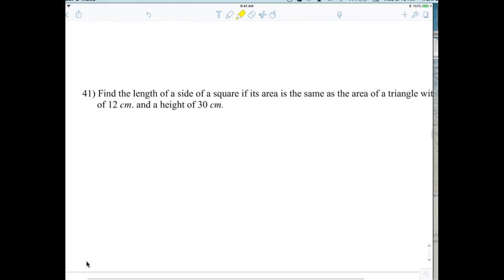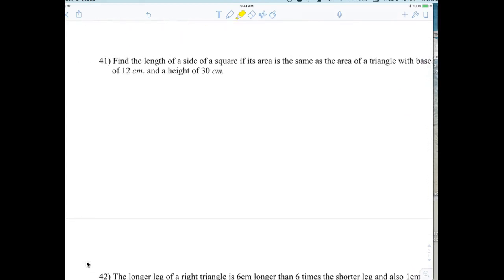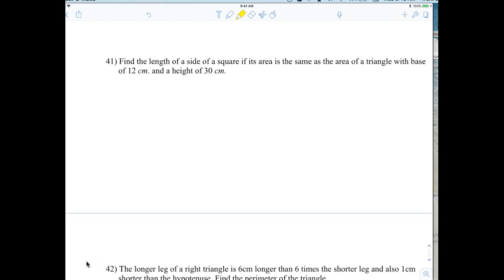Now, on 41, it says find the length of the side of a square if its area is the same as the area of a triangle whose base is 12 and height is 30. All right. So, area of a triangle is equal to what? 1/2 base times height. So let's figure out what the area of the triangle is. 1/2, what's the base? 12.